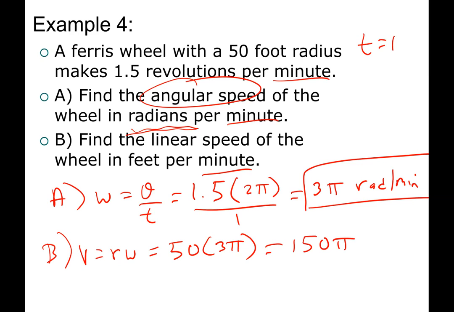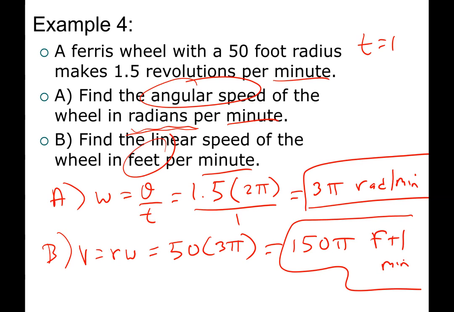And here you're talking about a distance, which is feet per minute. And again, we know that because you're talking about feet, and all the different units agree. Again, I would leave it in terms of pi, unless there is some other decimal that needs you to give your answer as a decimal.